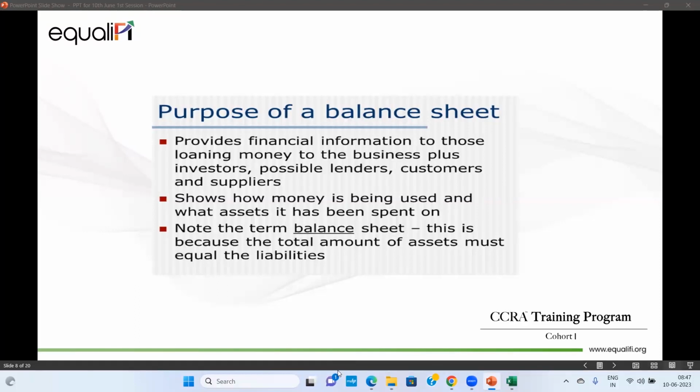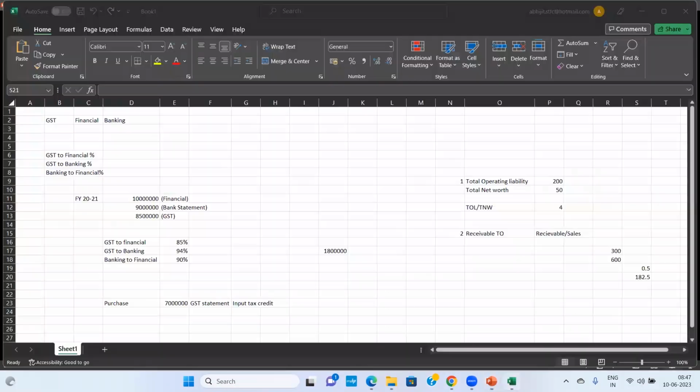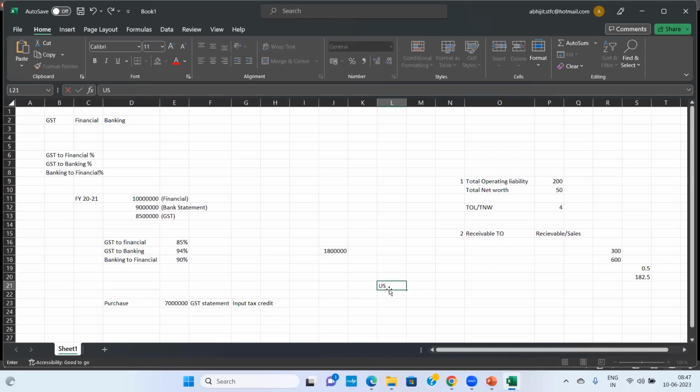No. So say for an example, have you heard about a term called pseudo equity? What is pseudo equity? Yes. So for an example, in the balance sheet, you get an item like unsecured loans. I'm writing as USL from promoters.